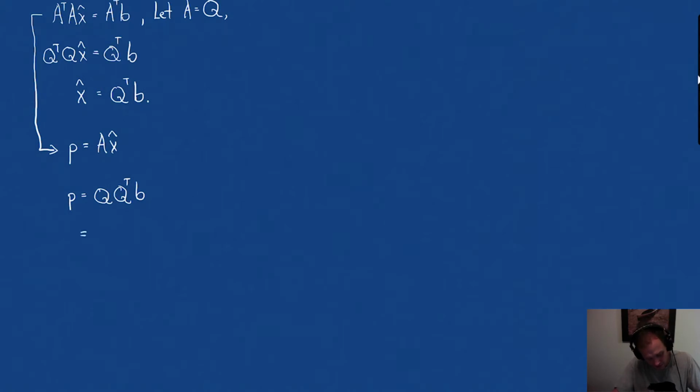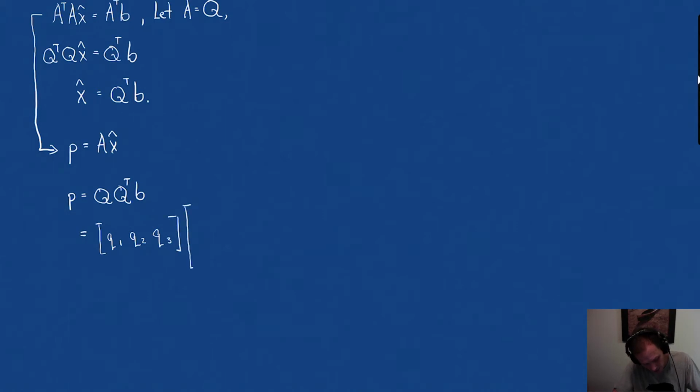So here we go. Q times Q transpose. Well, Q is the matrix with columns, we'll just use a 3 by 3 for now, Q1, Q2, Q3, times Q transpose.